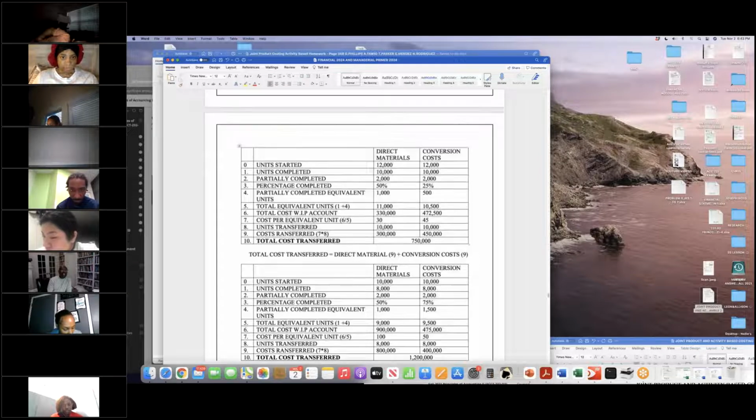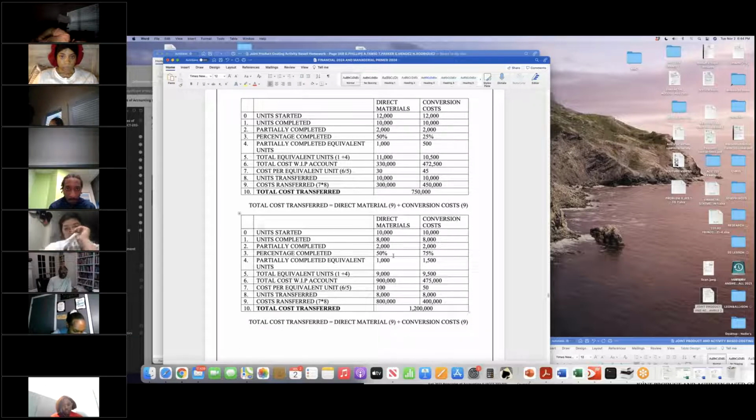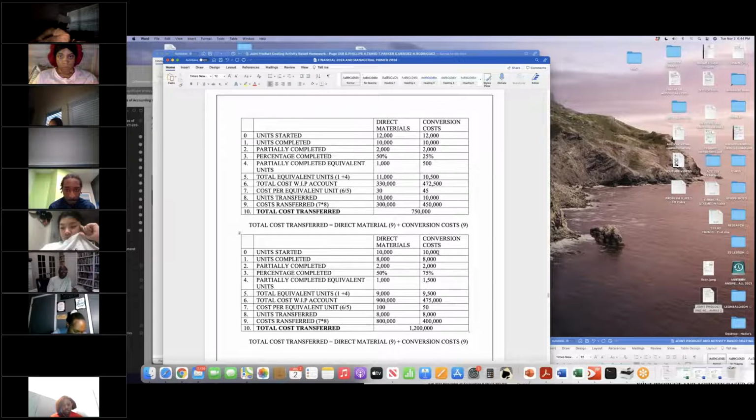So we got these charts to tell you how much goes from work in process 1 to work in process 2. We'll have a similar chart to tell you how much goes from work in process 2 to finished goods.